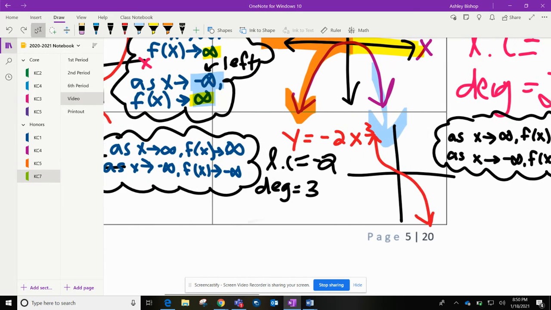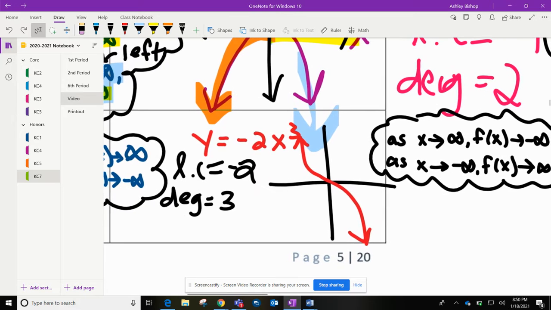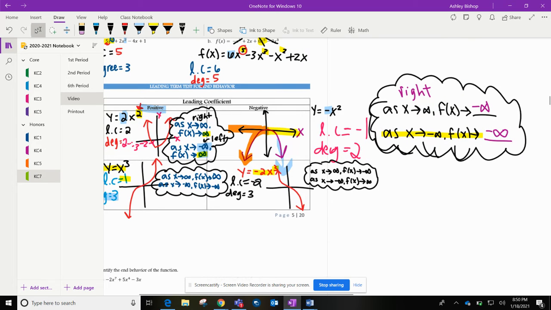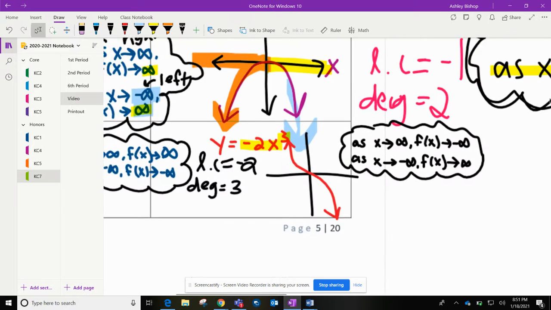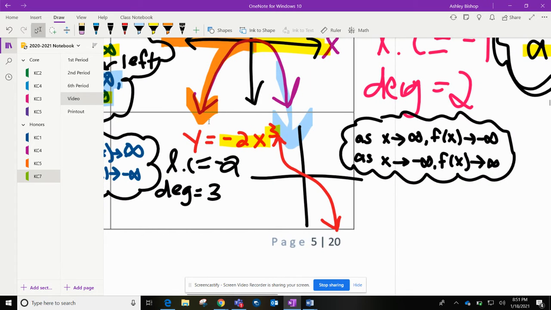Okay. Over here, my example for you is y equals negative 2x to the third power. So I am in this part of my chart where I have a negative leading coefficient. My leading coefficient is negative 2, but the degree is odd. That's where this box comes from. My graph looks something like this here in the red.